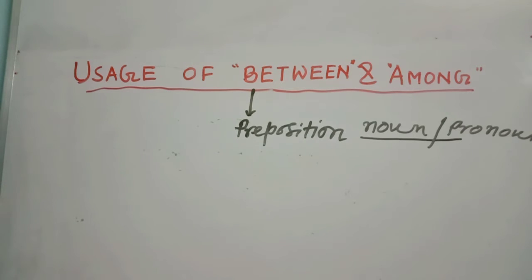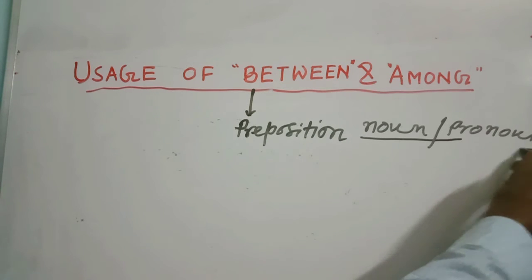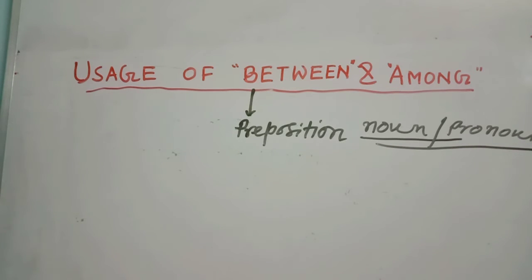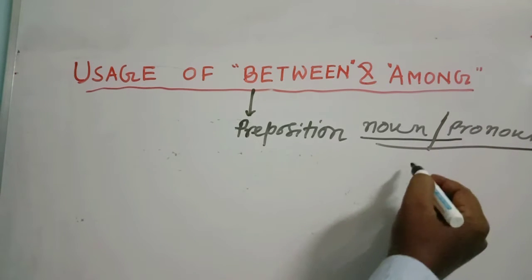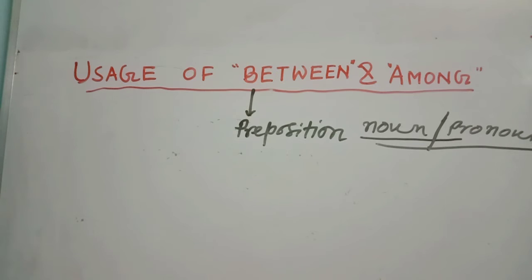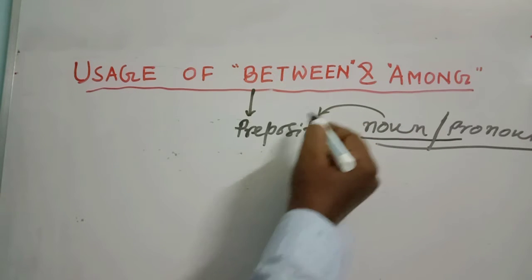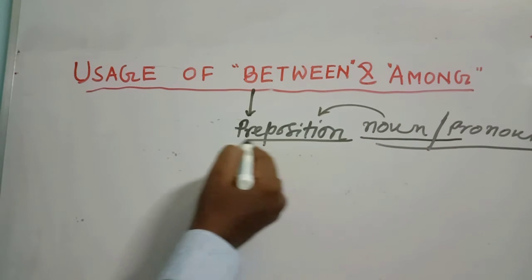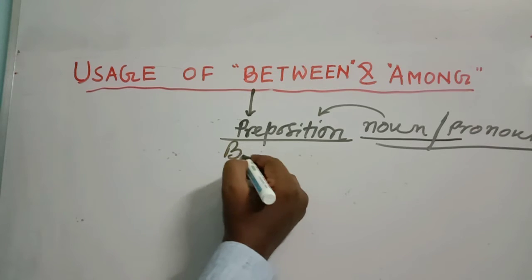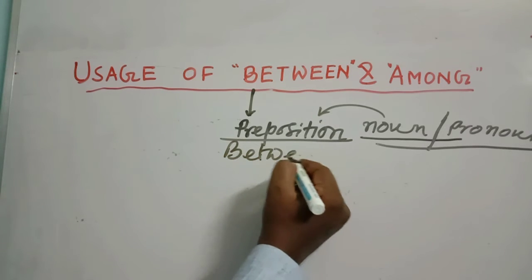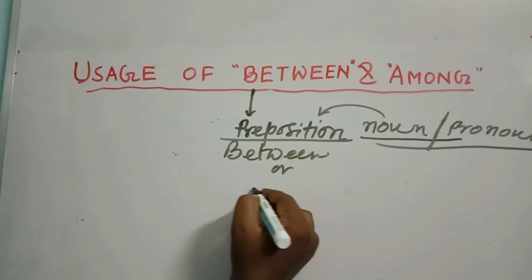But these other words are not so important right now. We have to think about this portion only, that means the noun or pronoun. And before that, we have to place between or among.